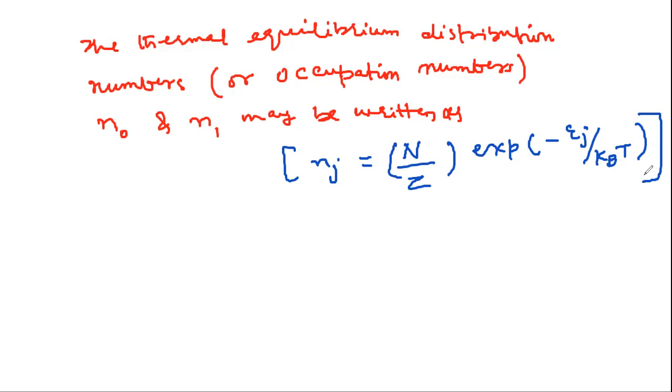Now using this idea, I can write the expression for N naught, that is the occupation number or distribution number pertaining to the epsilon 0 state, that is the ground state. So let me write.